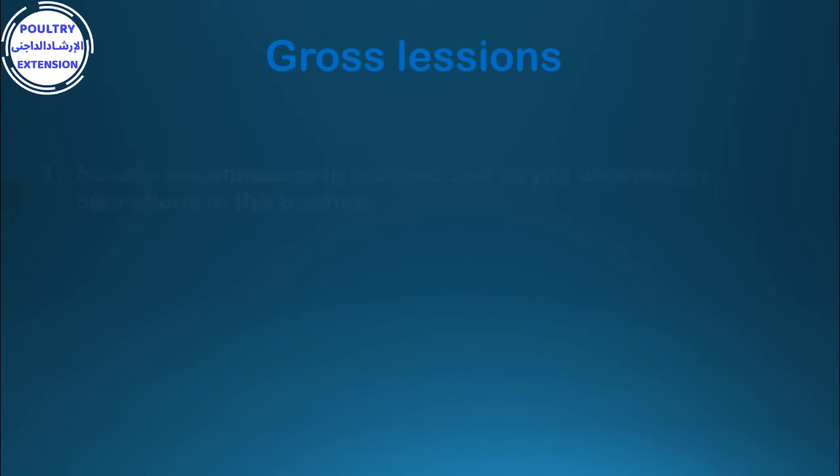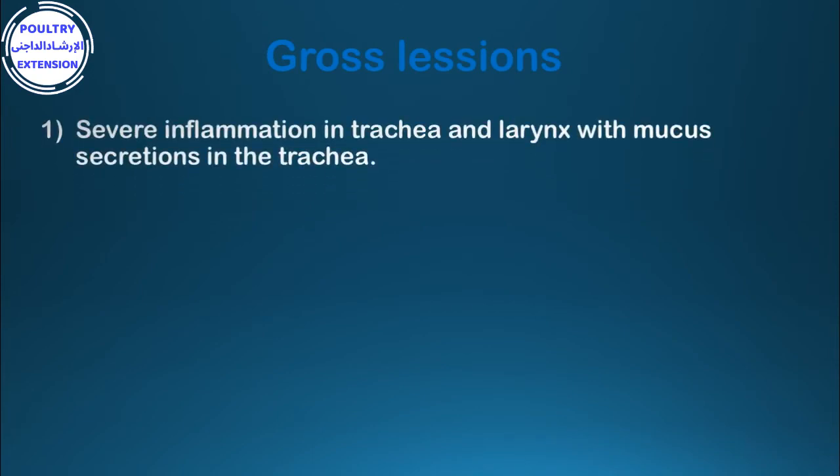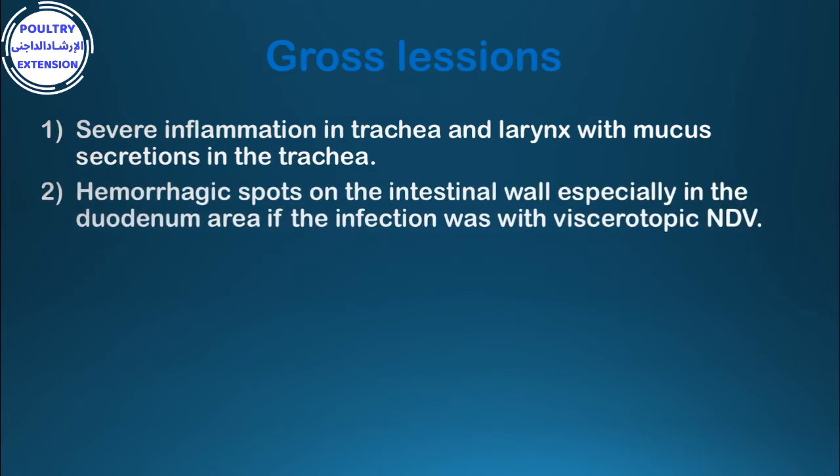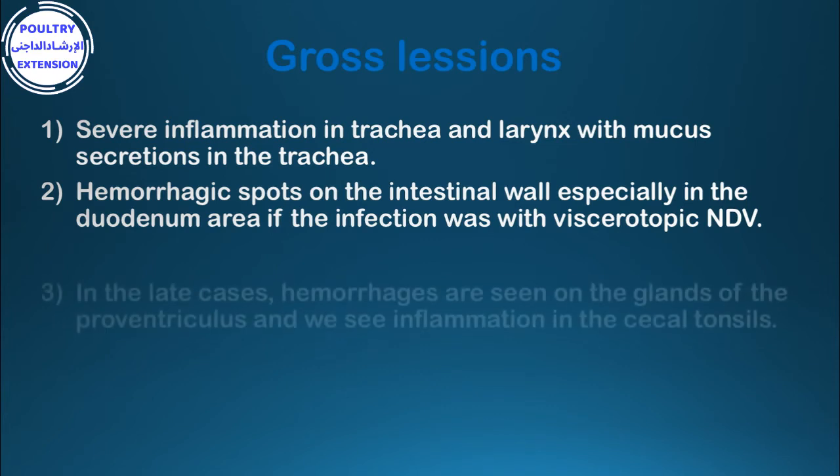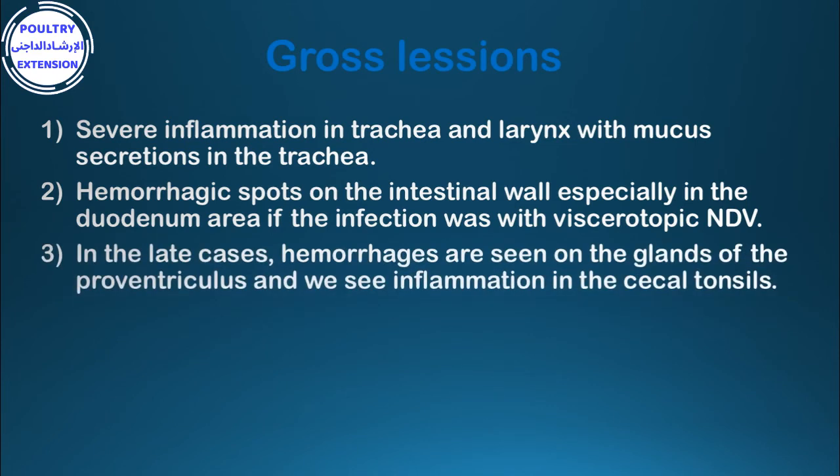Gross lesions. 1. Severe inflammation in the trachea and larynx with mucus secretions in the trachea. 2. Hemorrhagic spots on the intestinal wall, especially in the duodenum area, if the infection was with viscerotropic NDV. 3.